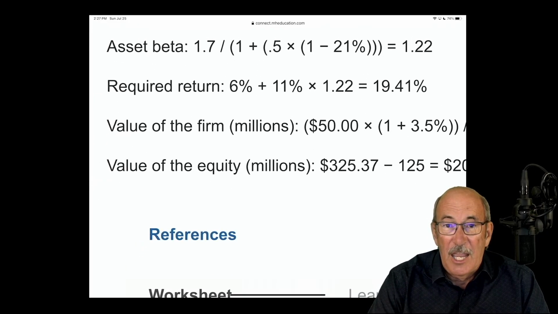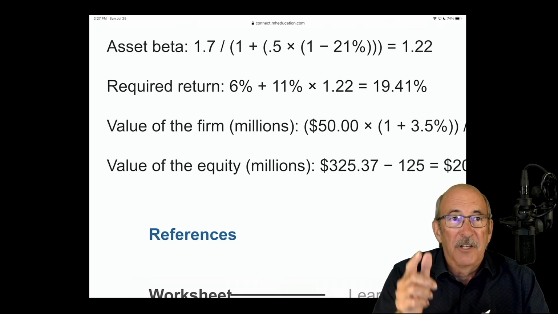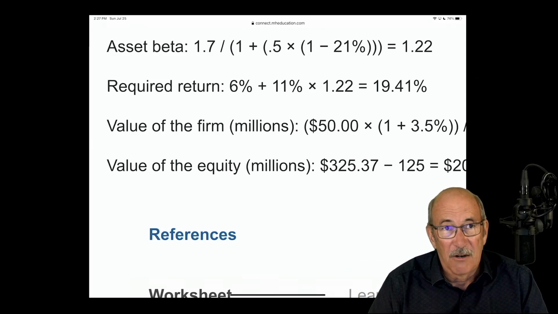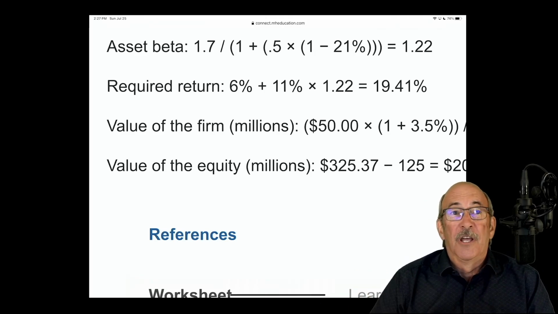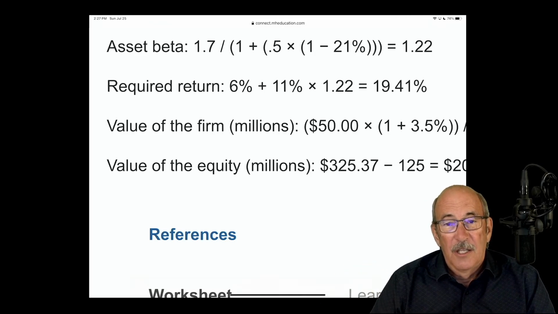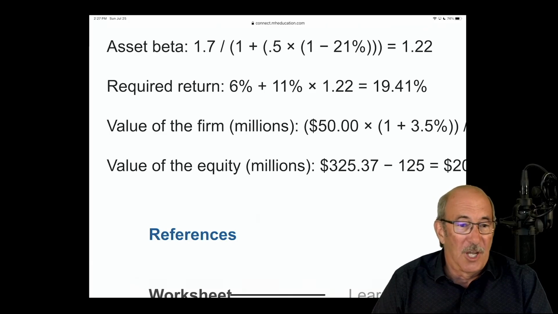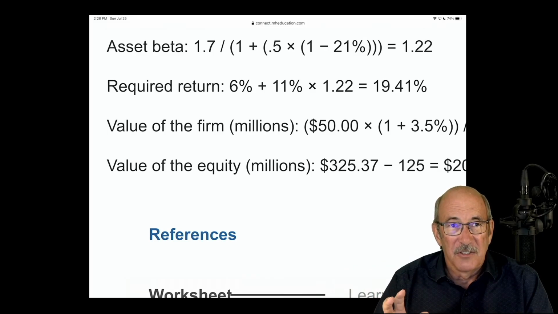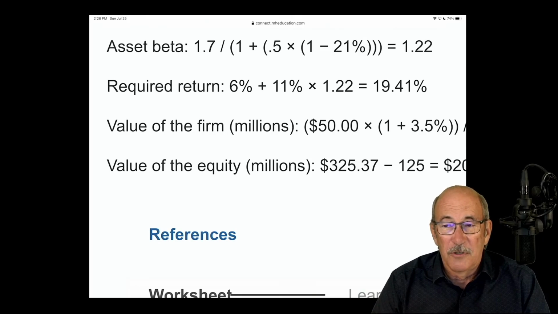We have a market risk premium of 11%, so we don't have to subtract off the risk-free rate. If we were given the return on the market, in this example it would have been 17%, so we would have had to subtract off that 6% risk-free rate first to get to the 11% market risk premium. And that goes back to the question, April, you asked about earlier.